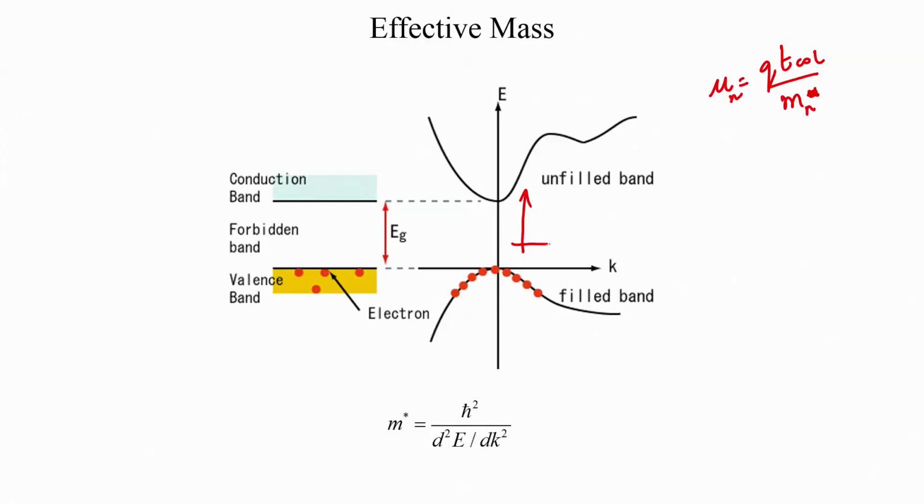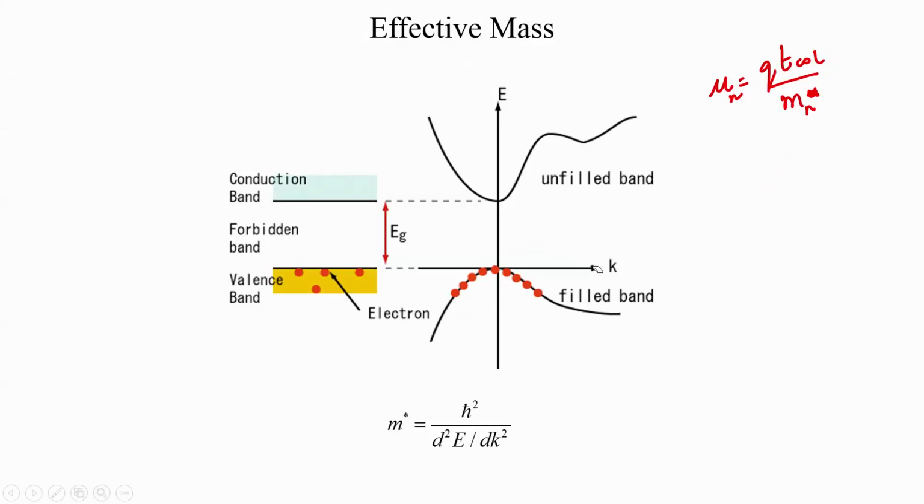So, let us go back to the E-k diagram that we used when we defined the Kronig-Penney model, etc. And there we had these S-shaped stitches, and I had mentioned at that point that the edges of those could be modeled as little parabolas. Let us come back to that point.